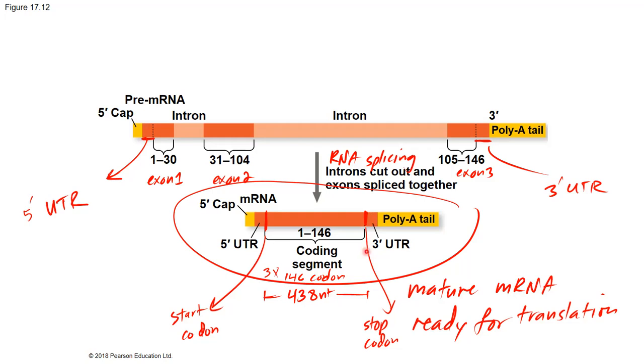So this region will help the ribosome synthesize a polypeptide made of how many amino acids? If this mRNA is translated, a polypeptide will be synthesized.